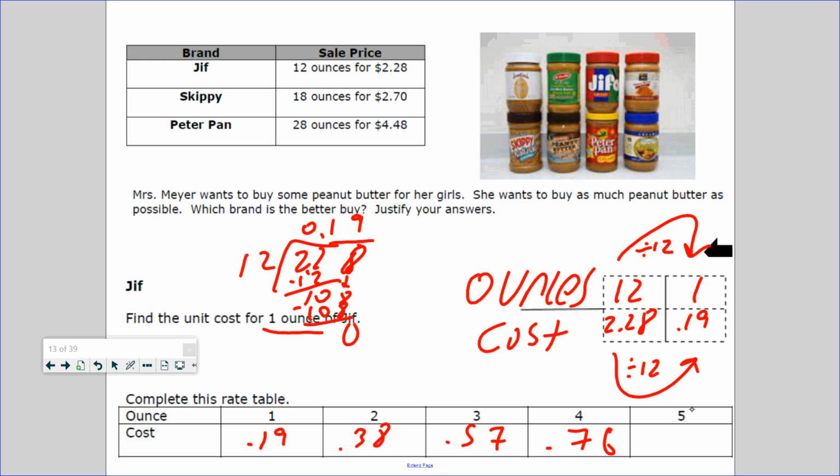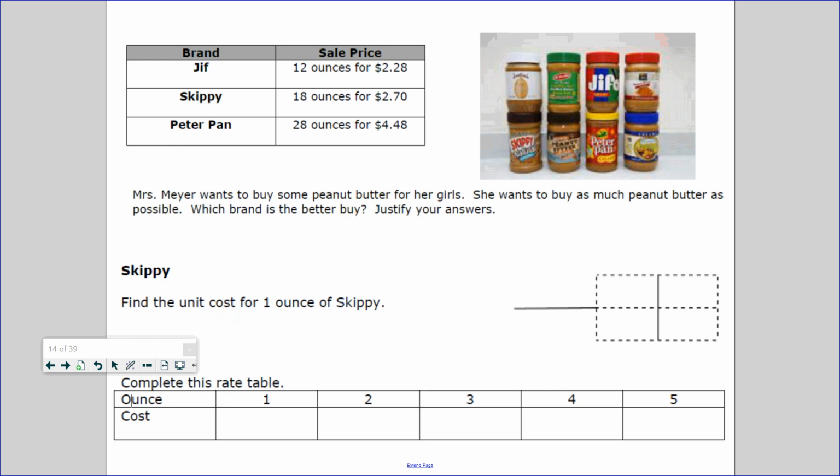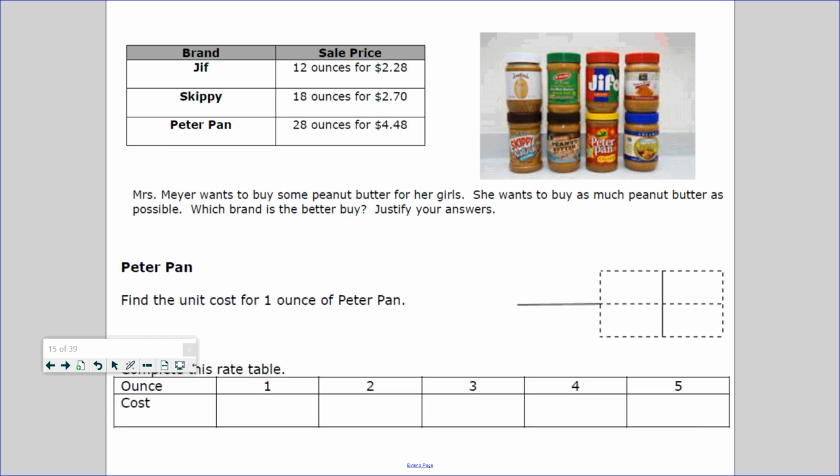And what if I buy 5 ounces of Jif? 19 times 5. 5 times 9 is 45. 5 times 1 is 5 plus 4 is 9. Carry 2, 95 cents. So what you do now is figure out the cost for Skippy and Peter Pan peanut butter per ounce.